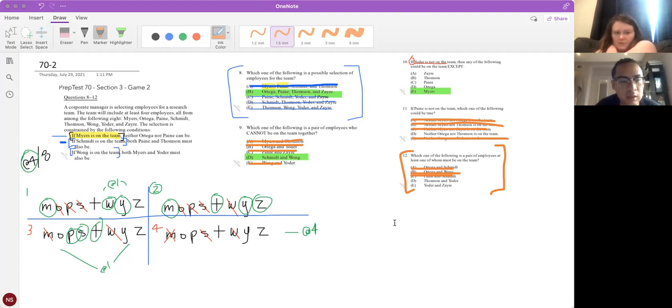Obviously we're not looking at 1 or 2 because Y is in, and for 3 Y is in. So why doesn't it work for 4? Because you need at least 4 that are in, and if you take out both T and Y, then there are only 3 in the end.